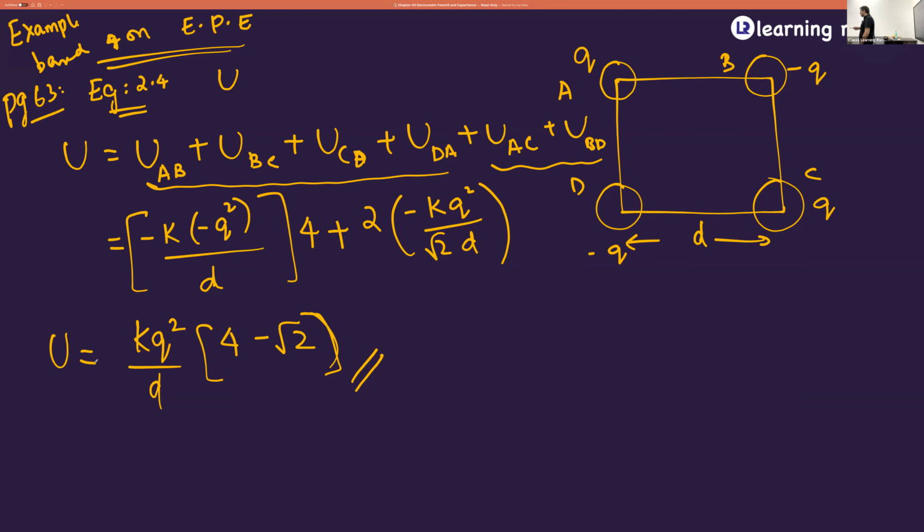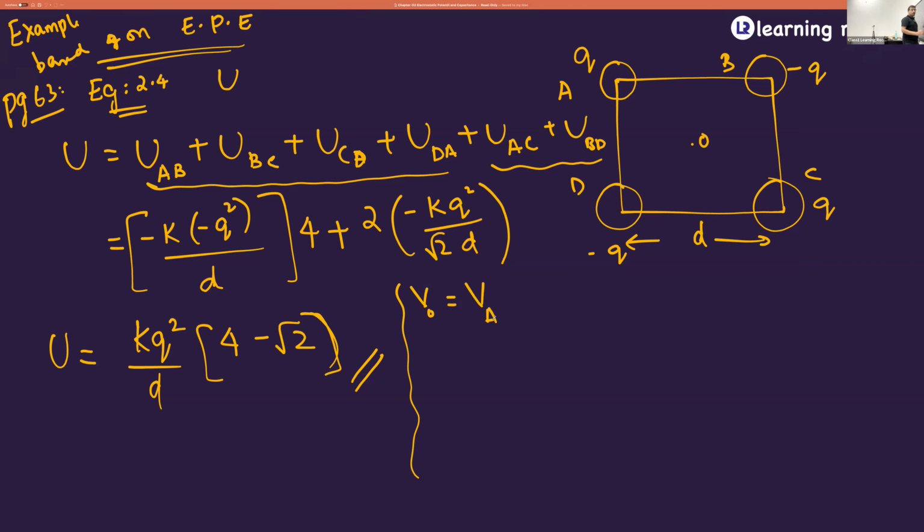Did they ask anything about potential? No, right? Okay. See, at the center, let me call that as O. If I extend the question saying, find the potential due to the system at point O, then what is it going to be?